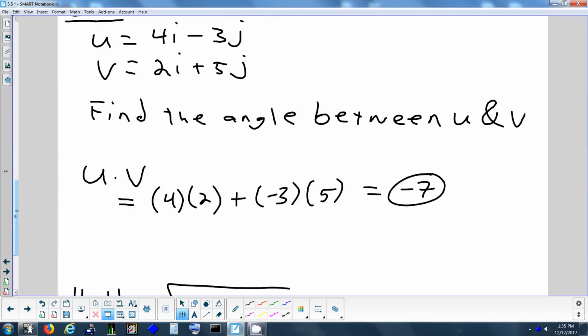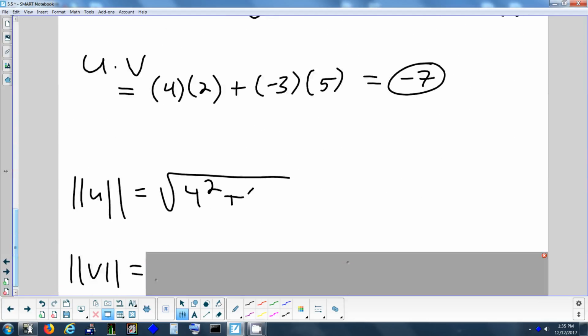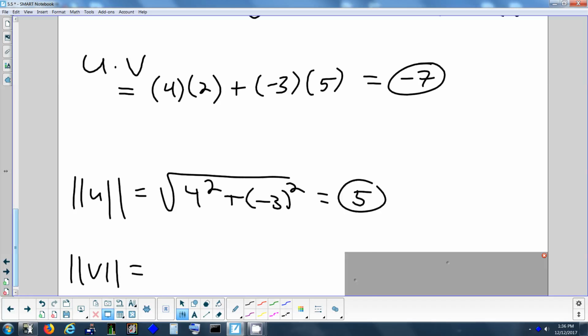Perfect. 4 squared gives me 16. Negative 3 squared is 9. 16 and 9, that's the square root of 25, which means the magnitude of u is 5 units long.